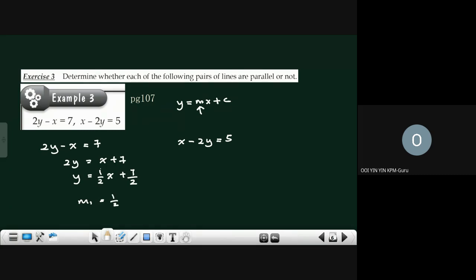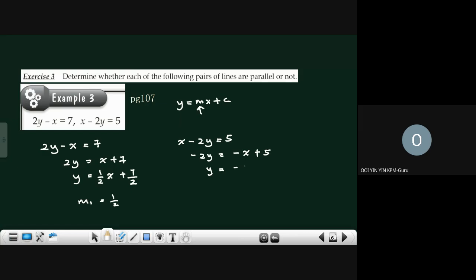For the other one, negative 2y, we move x to here and it becomes negative x plus 5. I put x in front because I want the form mx plus c. Then I don't want negative 2, so I divide all by negative 2.